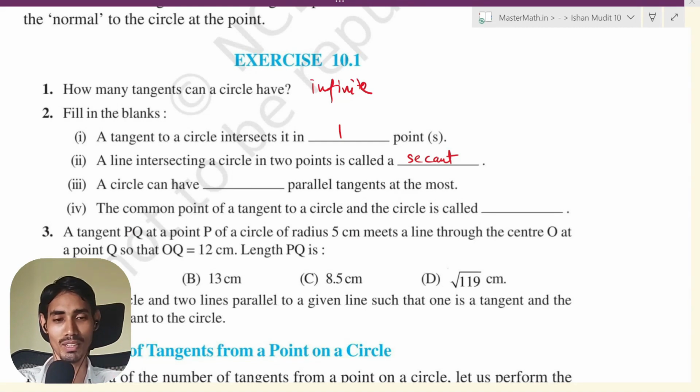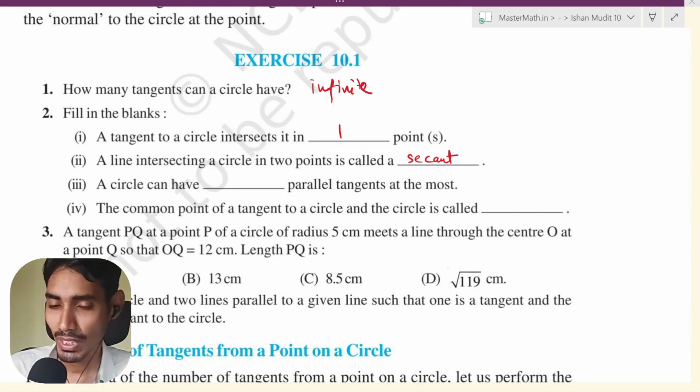So I'm just ignoring this question. Fourth, Mohita. Point of contact. Oh, very difficult. Please try the third one, the MCQ. Just give it a try. I'll be back in a moment. Make a diagram, mark everything, and use this concept.